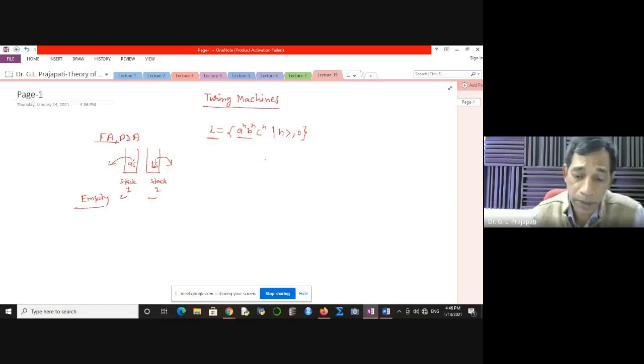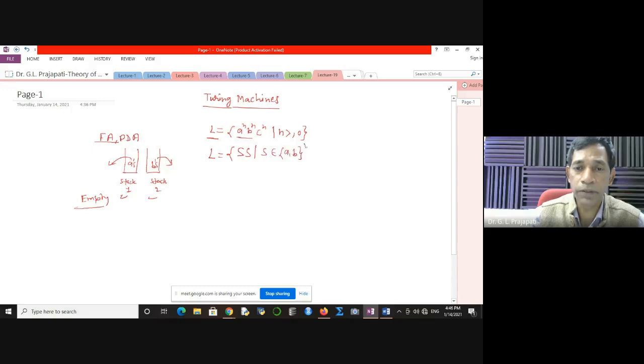Now consider the language L = {SS, where S belongs to {a,b}*}. Here the string has two parts.